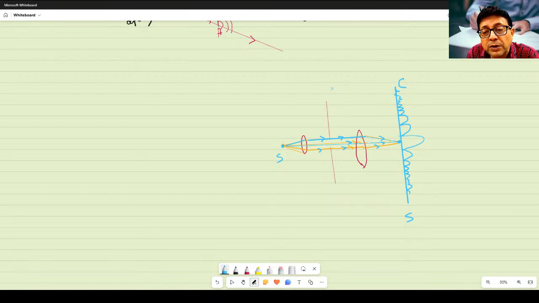All this you know. And a central maximum is expected at this point, I mean maximum intensity. But we expect a maximum at this point.